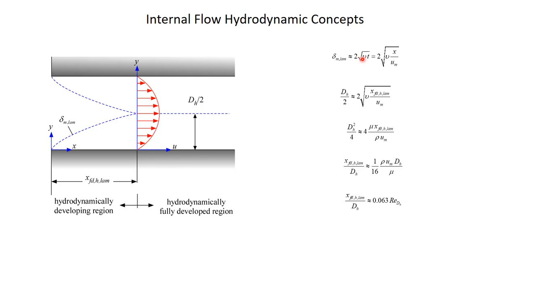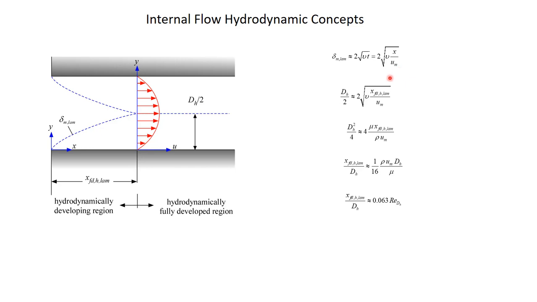Again, this is only for a laminar flow. For a laminar flow, you would have 2 times the square root of nu, the kinematic viscosity, times time, where time here is basically how long it has been in contact with the surface, so x over u sub m.